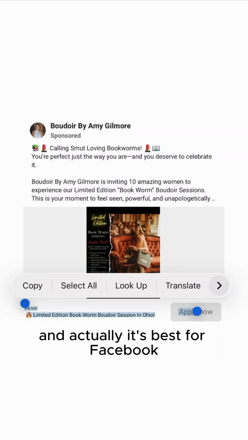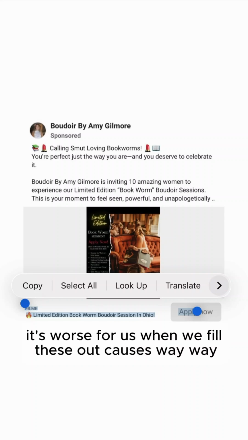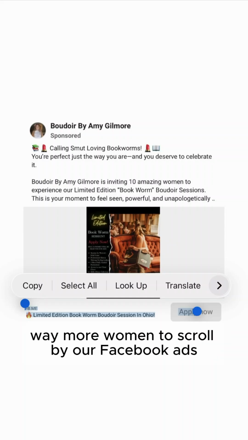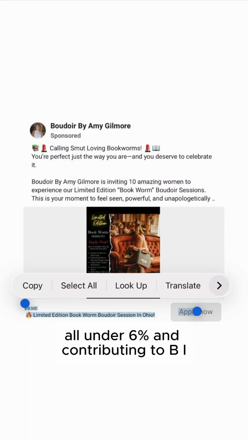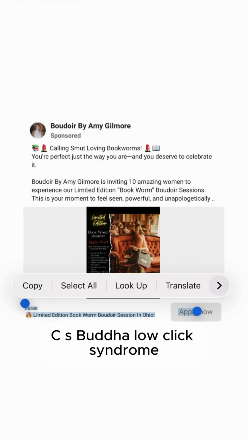And actually it's worse for us when we fill these out. It causes way more women to scroll by our Facebook ads than necessary, pulling our unique CTR under 6% and contributing to BLCS, Boudoir low click syndrome.